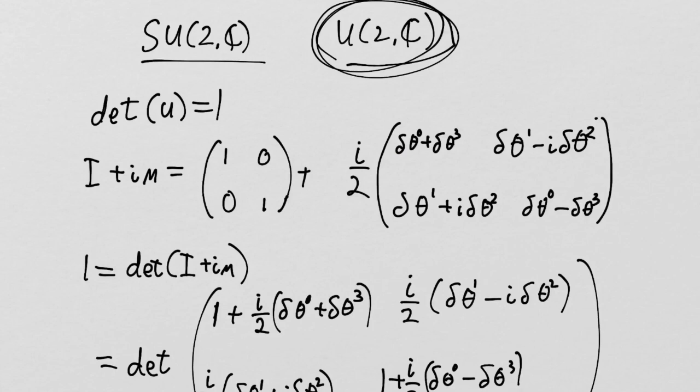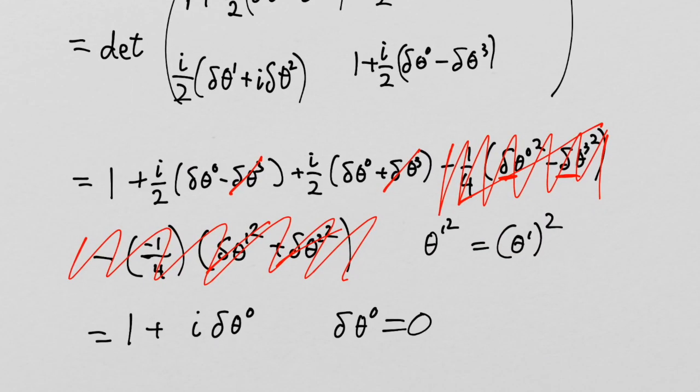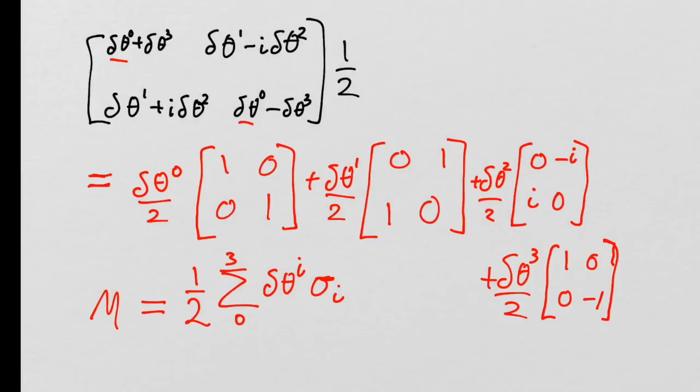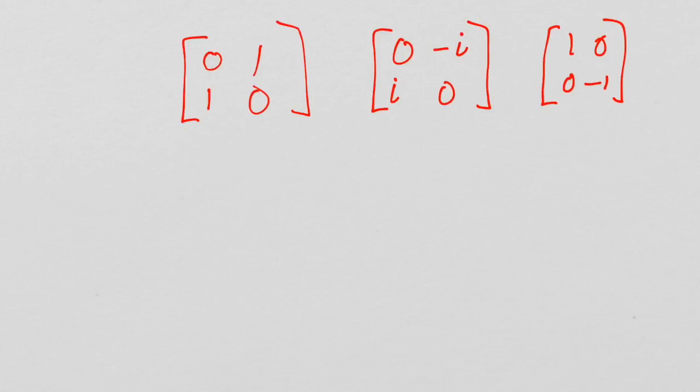But from these infinitesimal matrices, we know what that is. We want the infinitesimal theta 0 to be equal to 0. So when we go back to this expression, we basically lose this matrix as a basis. And so now we're dealing with a Lie algebra that is different.